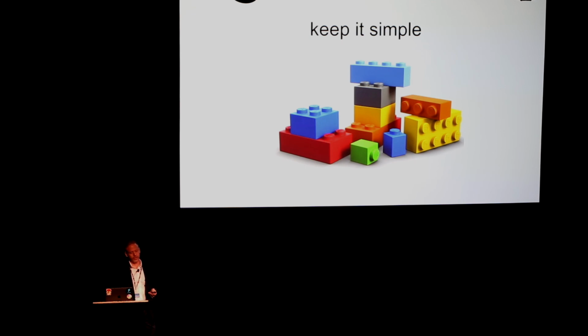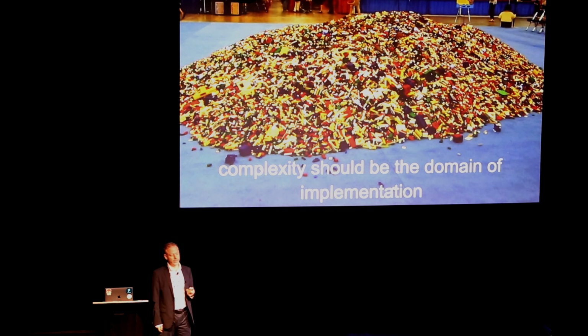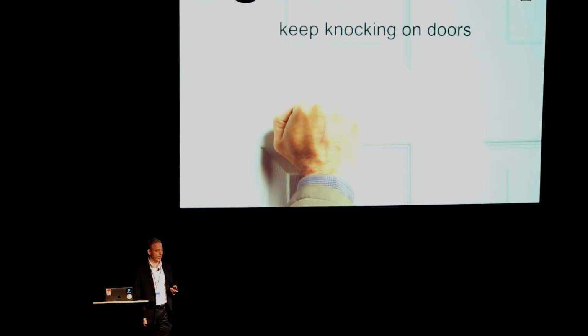It started very, very small. Complexity in the web gets pushed to the edges, to where the implementation lives. And that is really super critical, because it's in the implementations that you're going to work out what makes sense as a standard and what doesn't.